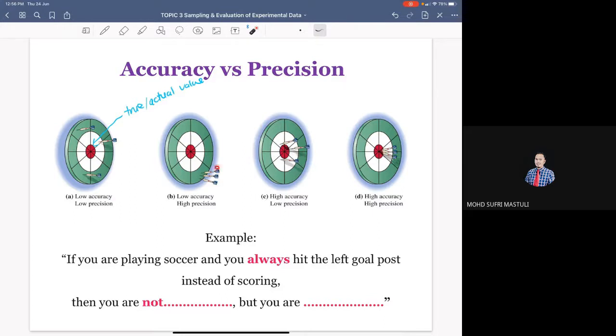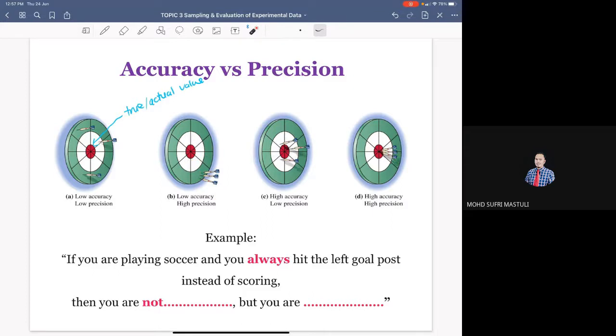If the data are located nearby together, meaning that it is high precision. However, this is very far from the actual value, so it means low accuracy.